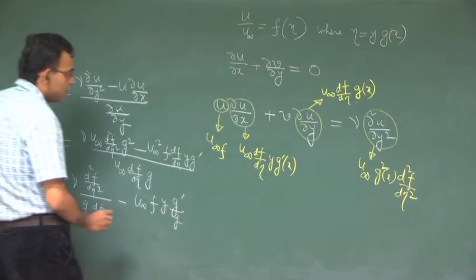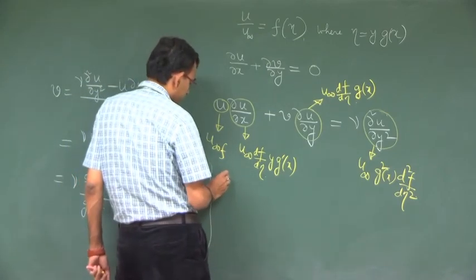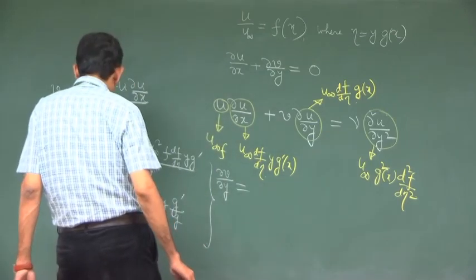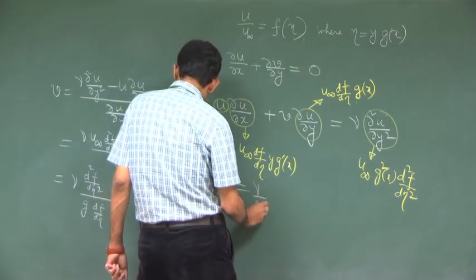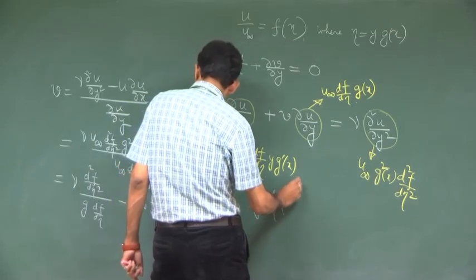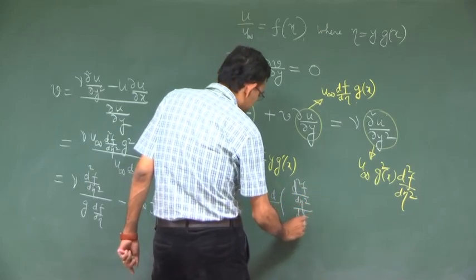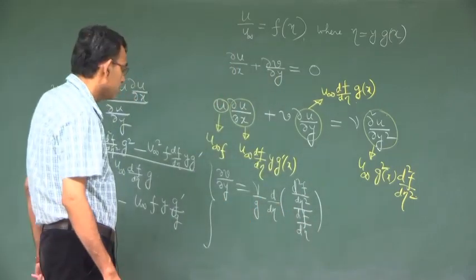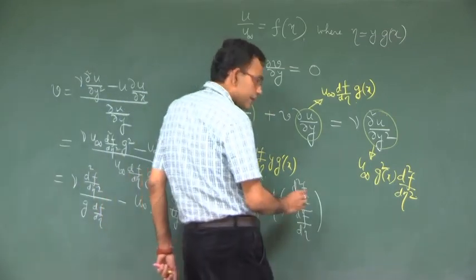So, if you differentiate this with respect to y, into del eta del y, that is g, right.